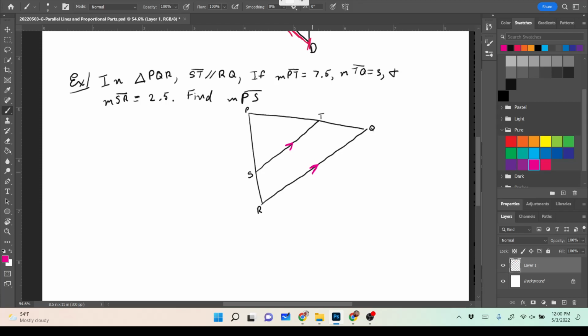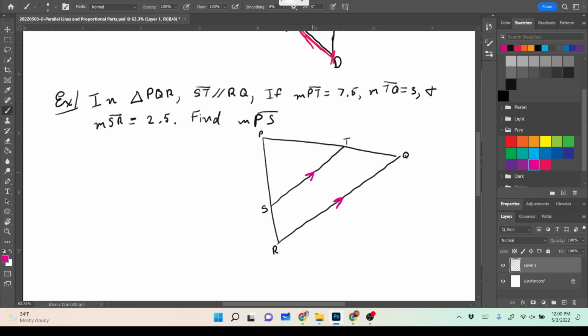Okay. So, what should we do to solve this thing? I'd label it first, because on these kinds of things, it's helpful to have where things actually belong.